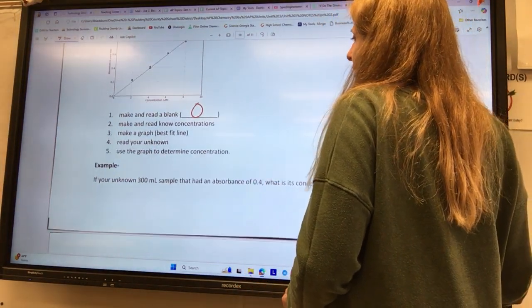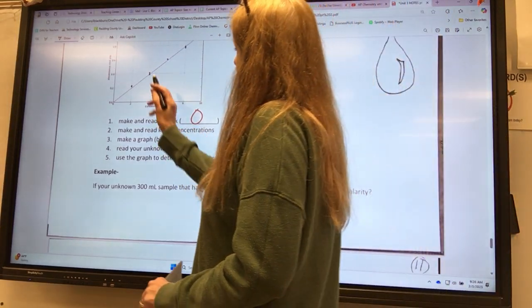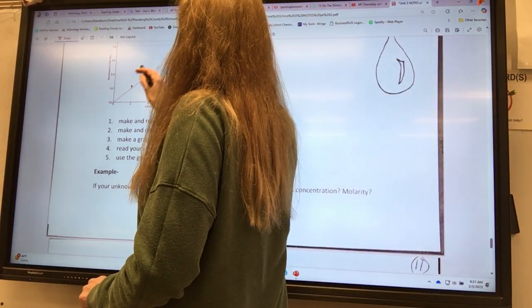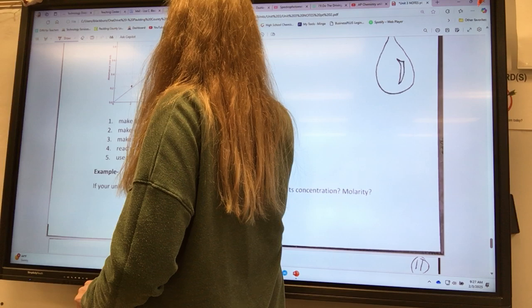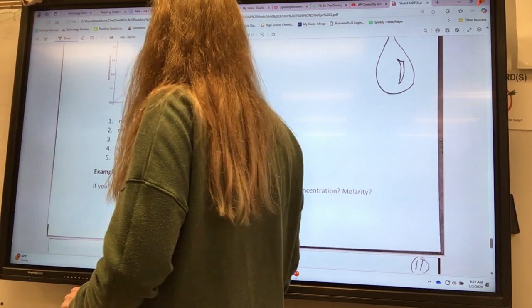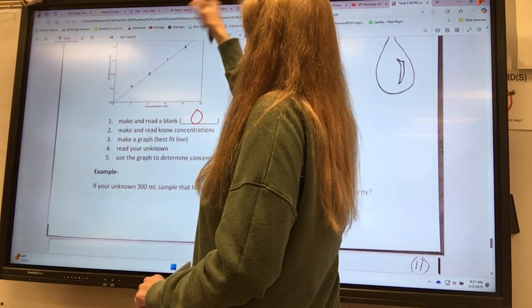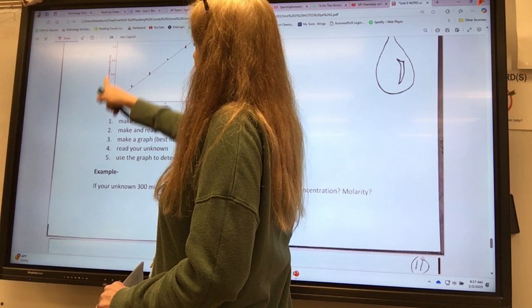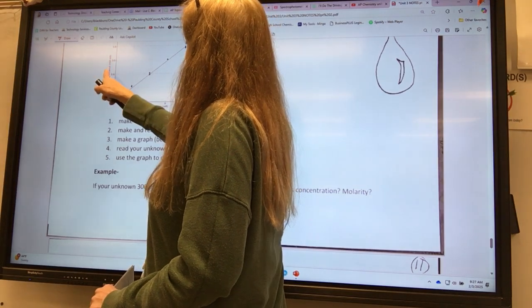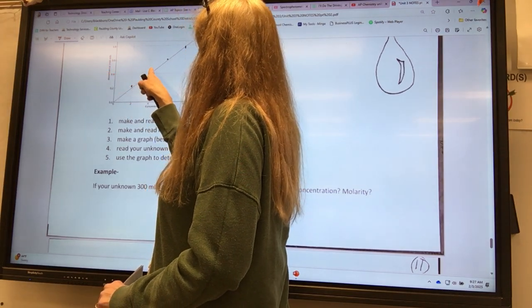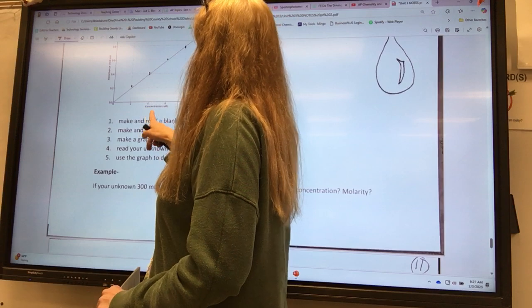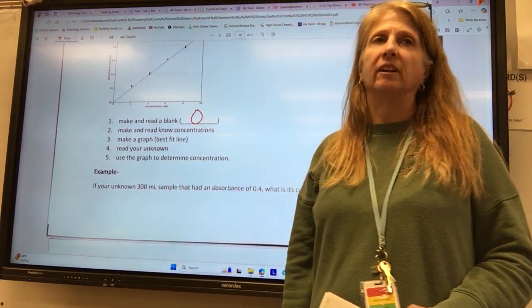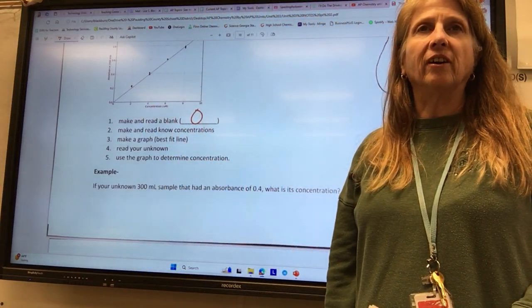Next, you make known concentrations and stick them in there, and you get your points. Then you draw your best fit line through it, and then you put your unknown in, and it will give you a number. Then you go over to see where that number hits the line and down, and you can read the concentration. That's not hard, is it?